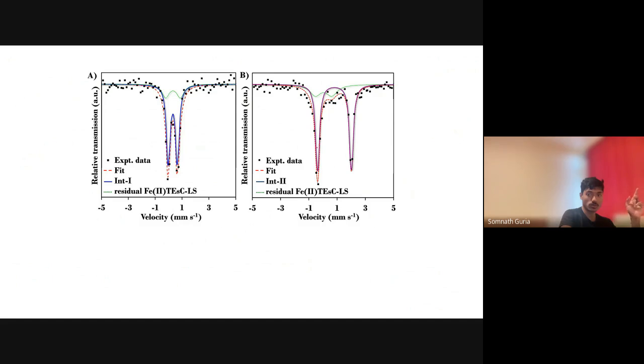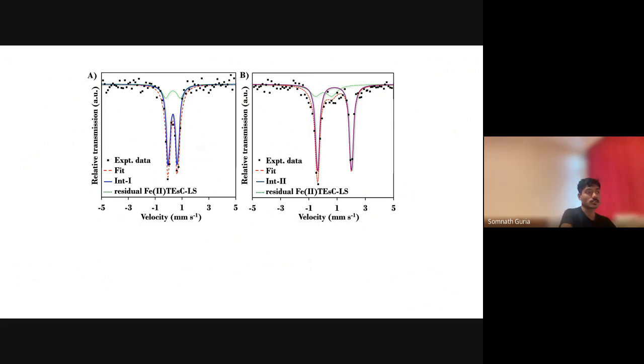Iron 2 CO2 bound spectra is around the more positive direction. So they deconvoluted and found that there is an iron 3 over here and some residual iron 2 combined with that spectra. They deconvoluted how much iron 2 is there, and it has been recorded.